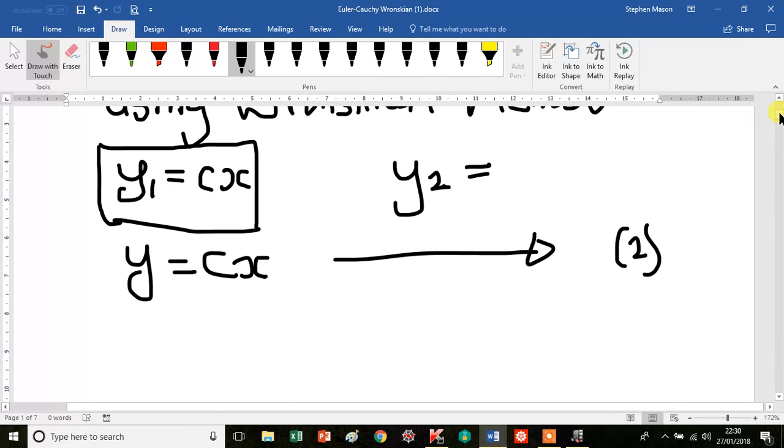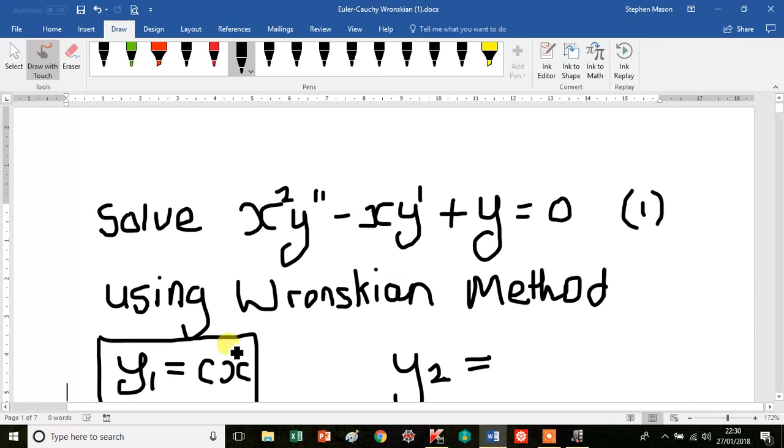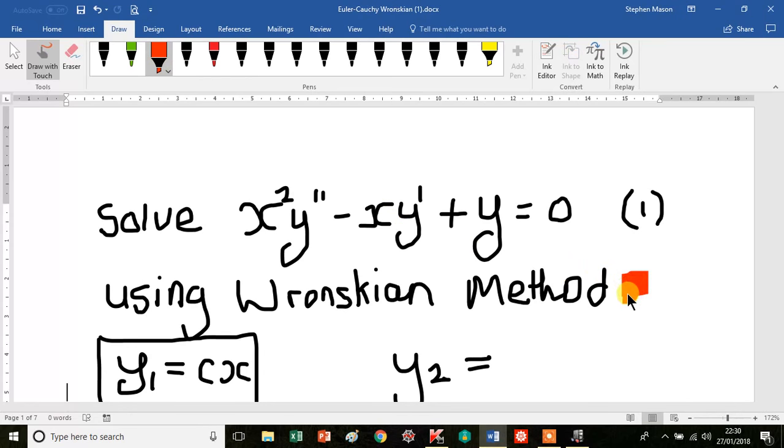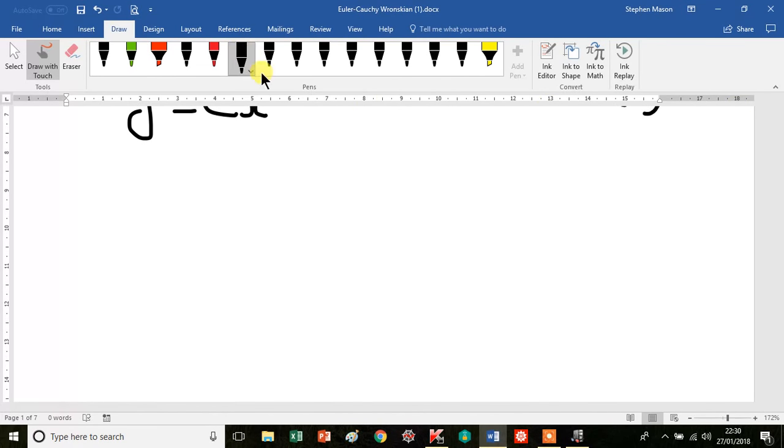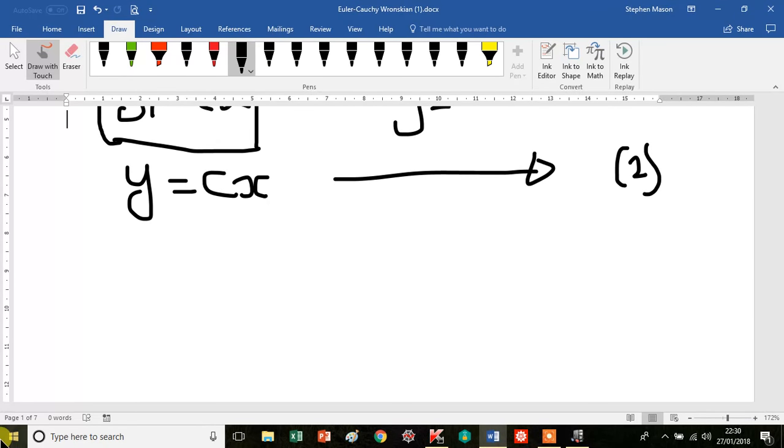But in this particular case, we're asked to use the Wronskian method, which is something we're going to go on to now. So first of all, there's kind of two Wronskian techniques we can use, and actually we combine them.